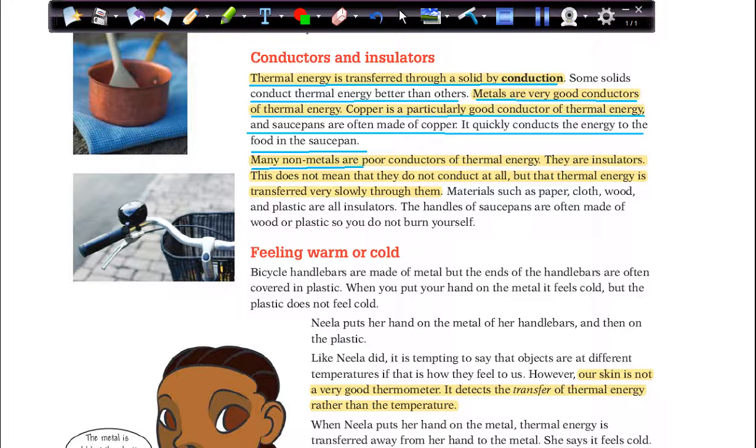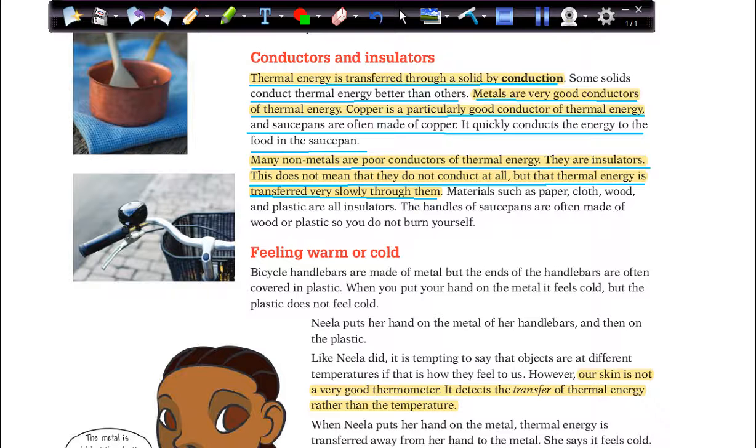Many non-metals are poor conductors of thermal energy. They are insulators. Like what? Like the wooden spoons that we are using. This doesn't mean that they do not conduct at all, but that thermal energy is transferred very slowly through them. So they can transfer energy, but very slowly.